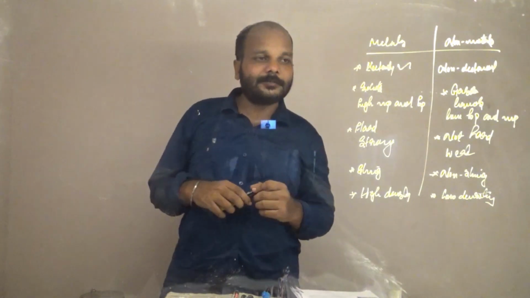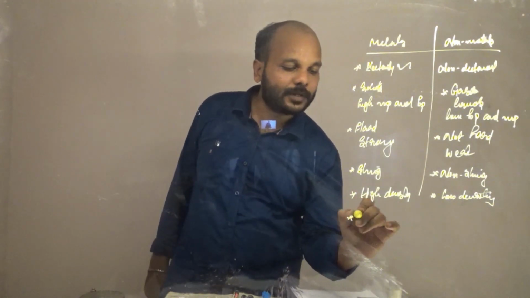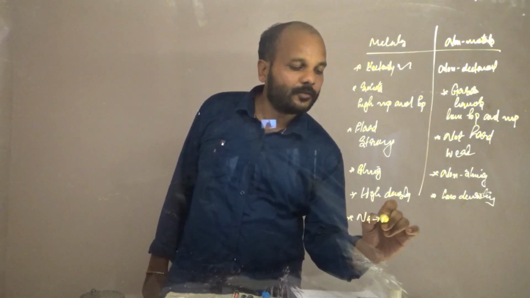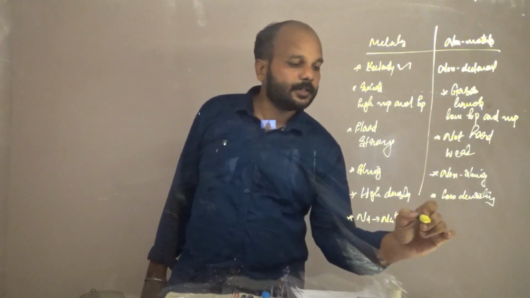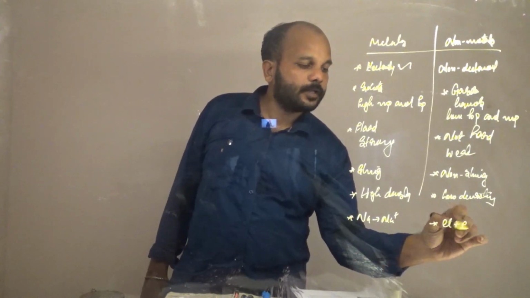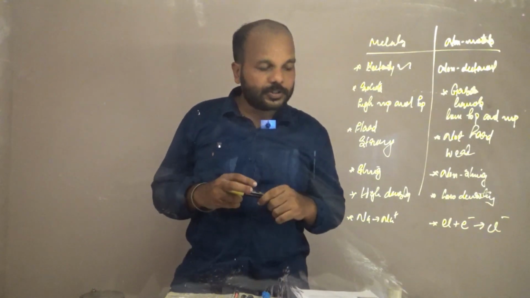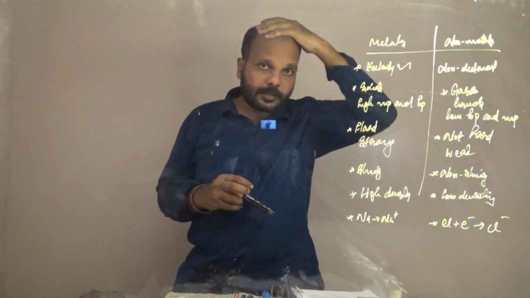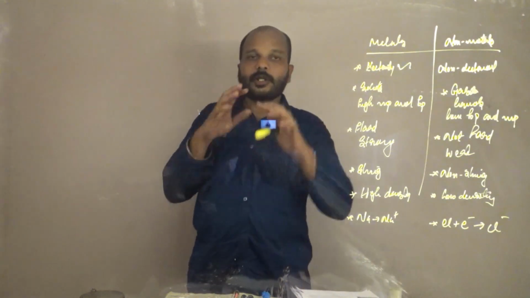If a metal reacts, it will form positive ions. So Na will form Na+. And chlorine is a non-metal. If it accepts an electron, it will form a Cl- ion.